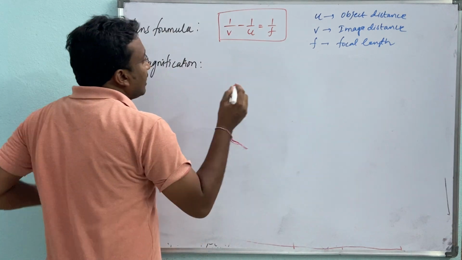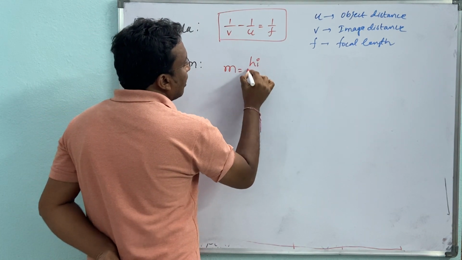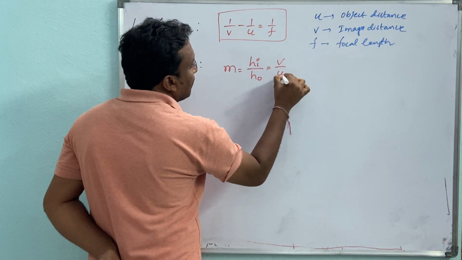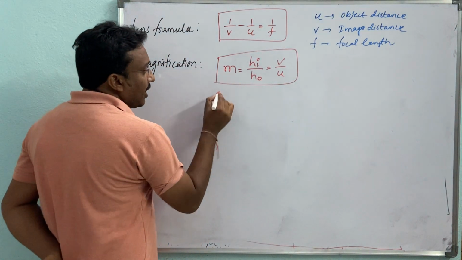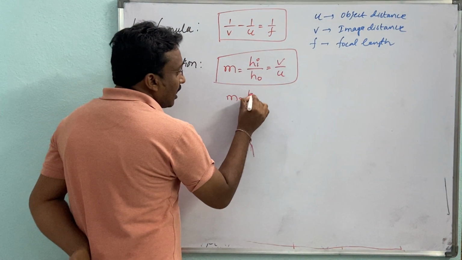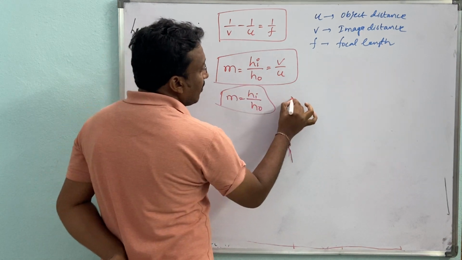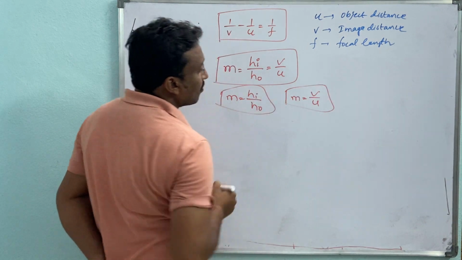It can be designated as m equal to hi by ho, which is equal to v by u. This is the magnification principle. Either we can use m equal to hi by ho, or we can use m equal to v by u also.